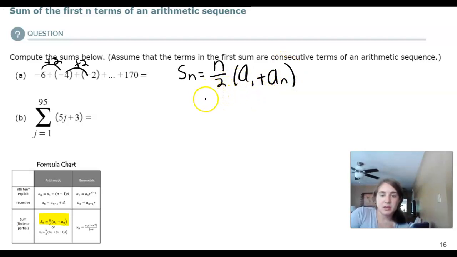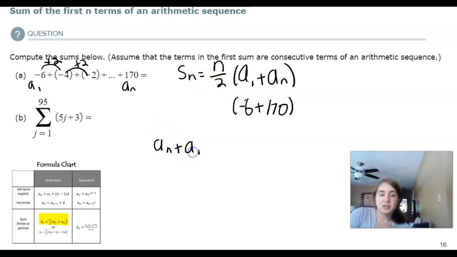And then I know that what's nice is that I know A1 and AN, my last term. So AN is 170. But what I don't know is what N is. So I'm going to use the equation to try to figure out what N is.